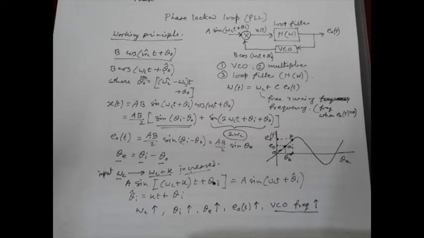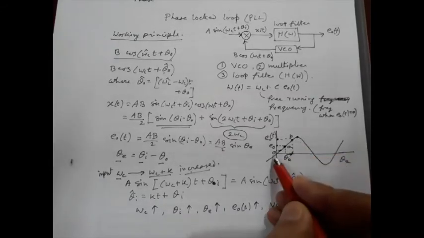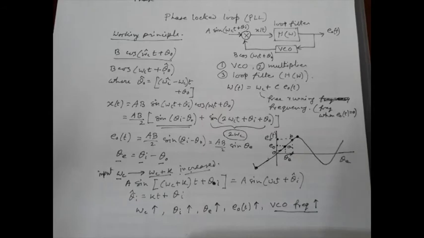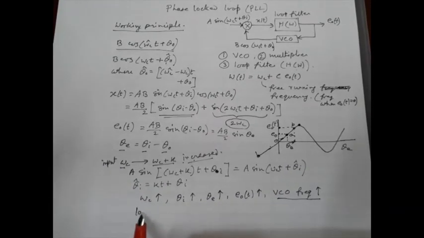A PLL can track the incoming frequency only over a finite range of frequency shift, from this point to that point. So this range is called the hold-in range or lock range.